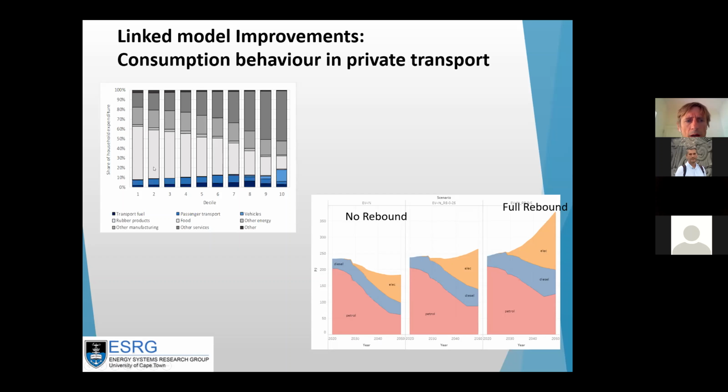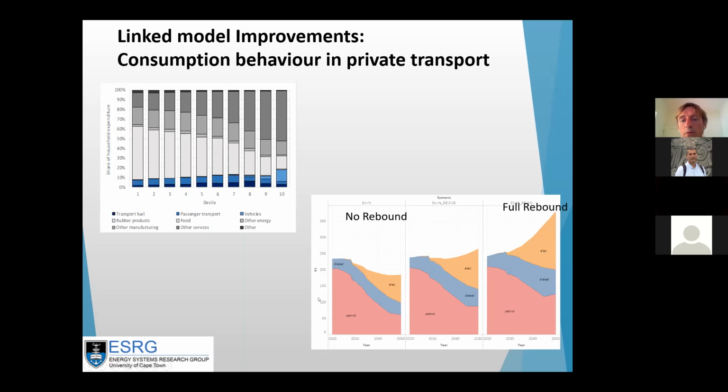As, for example, the absolute income of decile 3 starts to look like the base year income for decile 4, the consumption basket starts to look like decile 4, etc. We've tested this on the transport sector, where we're allocating budgets based on the base year expenditure on transport fuels for private transport.